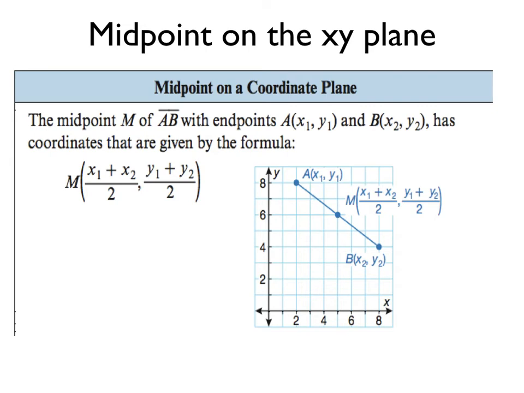If you have point A with coordinates x sub 1, y sub 1, and coordinates of B are x sub 2, y sub 2, the formula for the midpoint looks like this: x1 plus x2 divided by 2, comma, y1 plus y2 divided by 2. But hopefully you understand that to mean we're simply averaging the x-coordinates and averaging the y-coordinates.